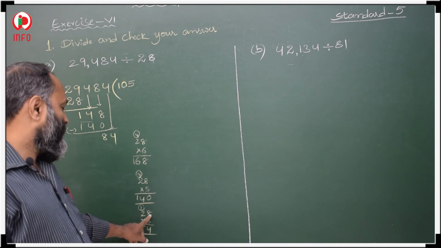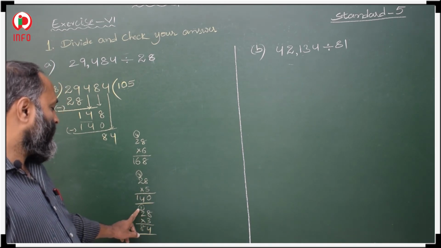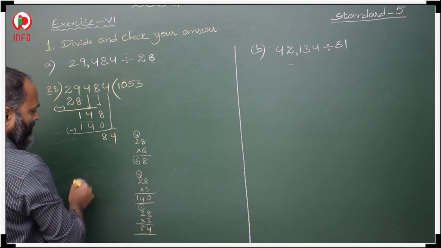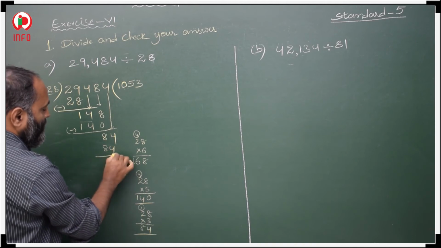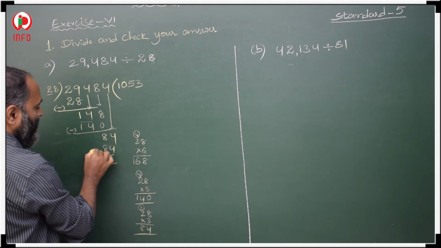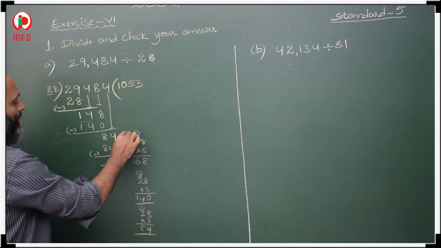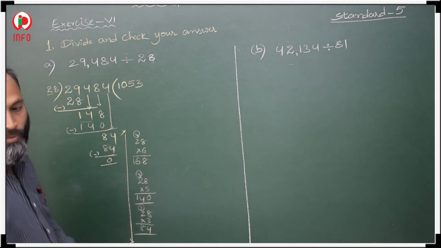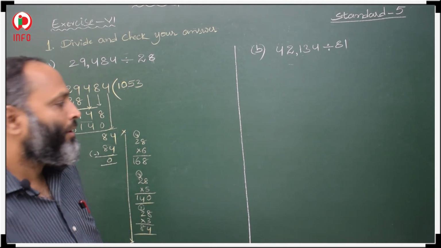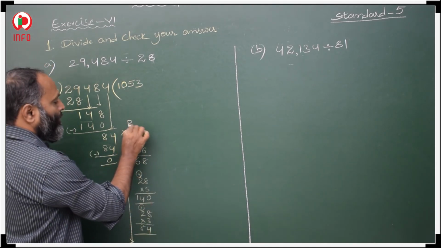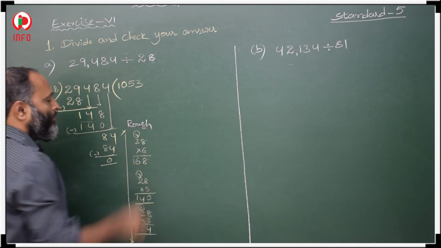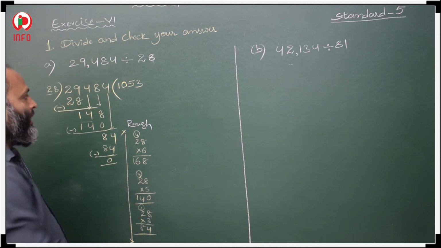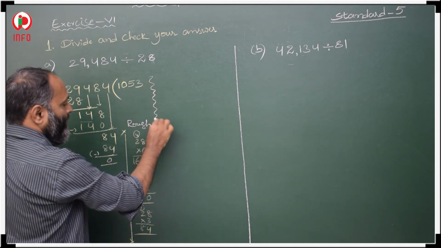So 28 threes are 84. 84 minus 84 is 0. Then this is our rough column, complete rough. Now here the remainder is 0. When the remainder is 0, then what do you have to take?